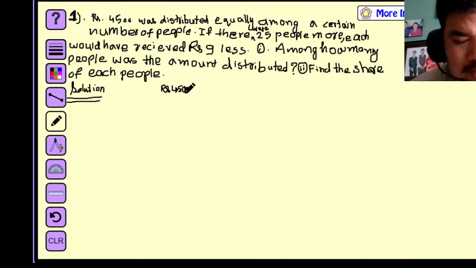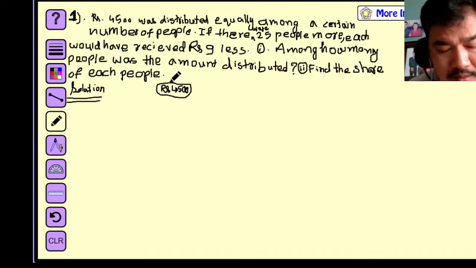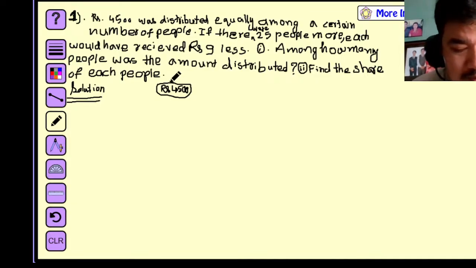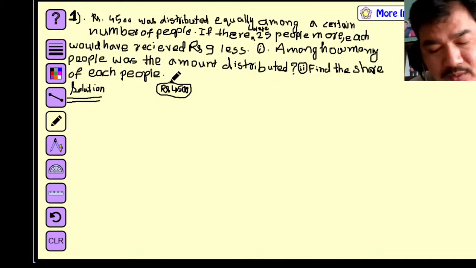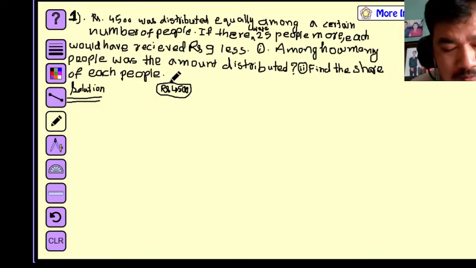This money was distributed among the people. That number of people we don't know, but it is clearly given that 4,500 was distributed equally among a certain number of people.